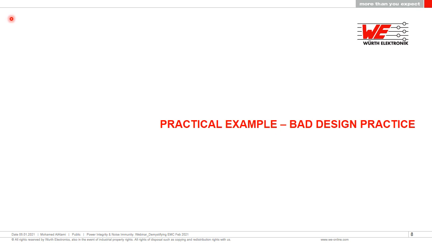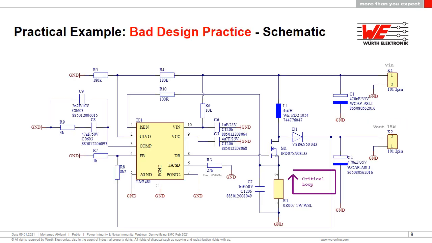All right, so next we will have a look at this practical example, and we will introduce to you the bad design practice in that example. So, a circuit diagram, just to give you a brief spec for this design. We have an input voltage of 9 volts coming in. The output is set for 12 volts.